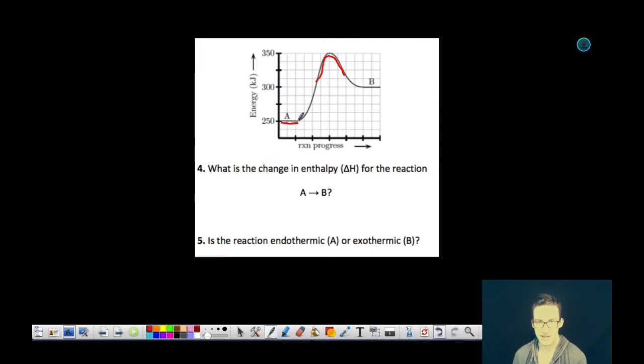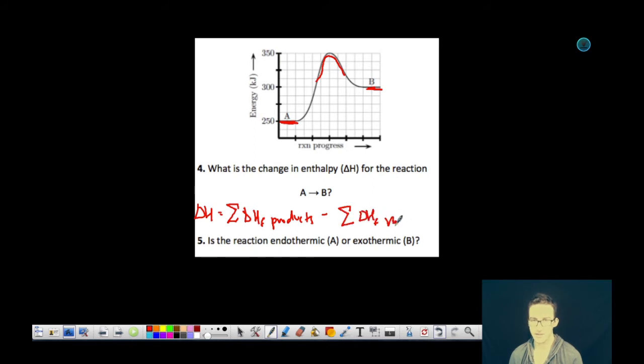is recognize what the energy of your reactants is and what the energy of your products is. Then, although this is a little bit oversimplified, based on the energy diagram you want to use that formula where the enthalpy change is equal to the sum of the enthalpies of formation of your products minus the sum of your enthalpies of formation for your reactants.